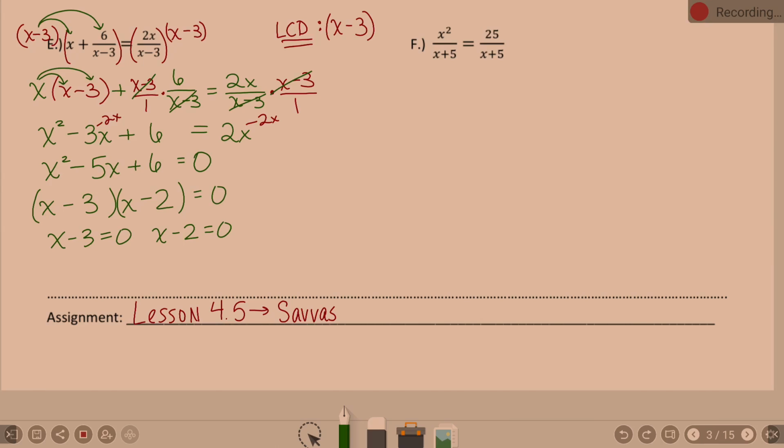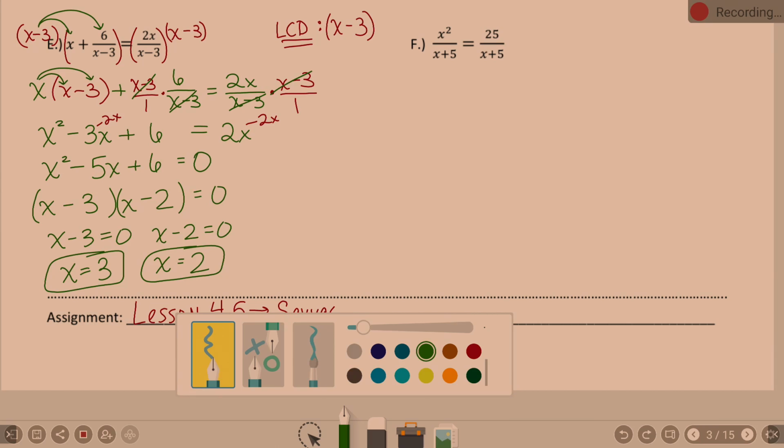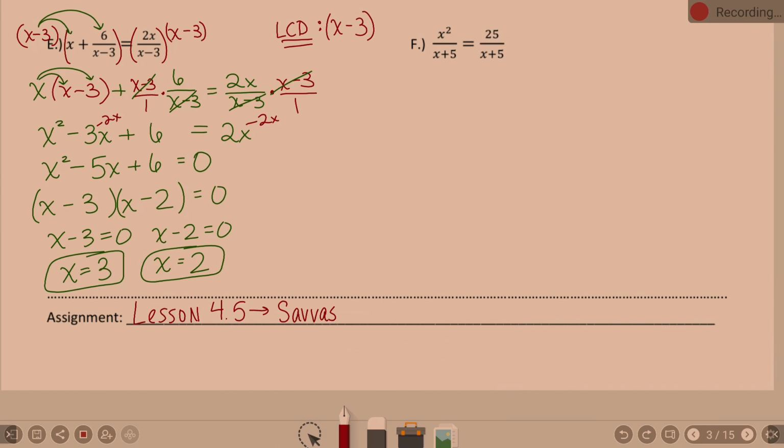We get solutions of 3 and 2. Good? Good, except that. 3 would make this denominator 0, wouldn't it? 3 minus 3 is 0. I can't have a denominator of 0. So that's why my restricted variables, 3 does not work, but 2 does.